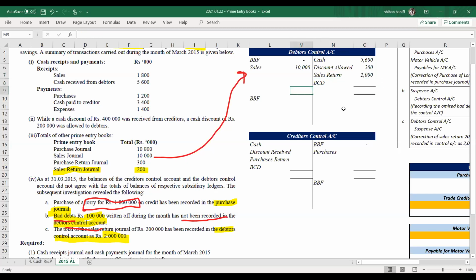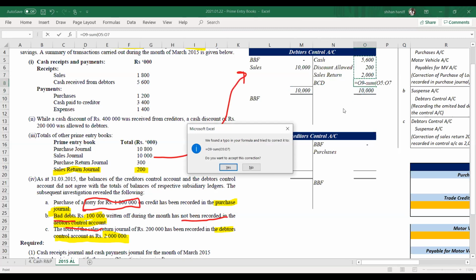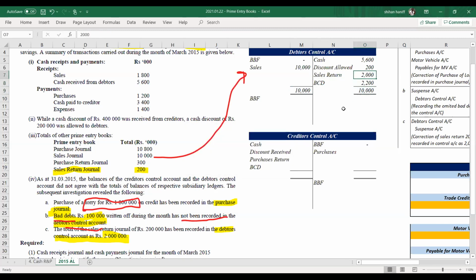So with the error, the debtors control account balance will be 10,000 minus 2,000, 7,800, so 2,200. That's the debtors control account balance.